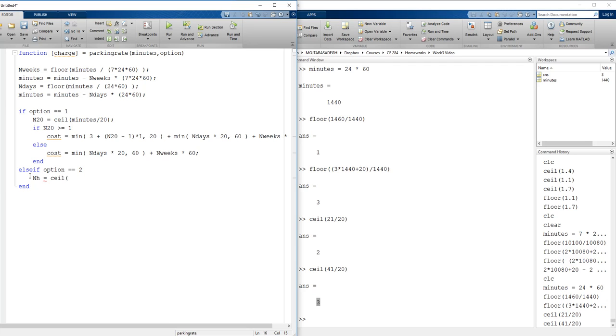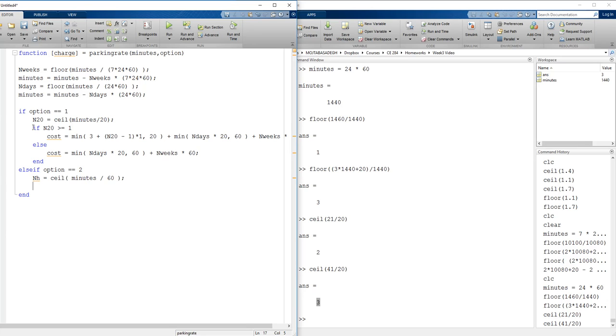Again, I'm going to use ceil, because if there's 1 hour and 1 minute, 1 minute will cost you 1 hour. So I'm going to use ceil of number of minutes divided by 60, because 60 is how many minutes exist within each hour. So if I divide it by 60, that will give me the number of hours.